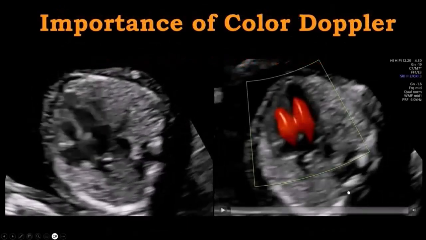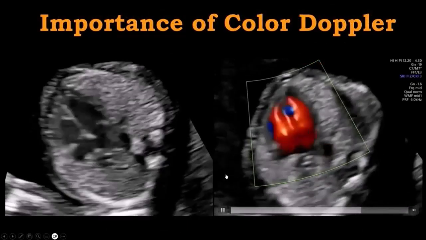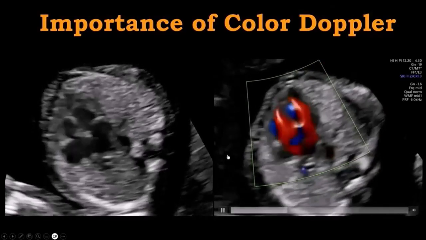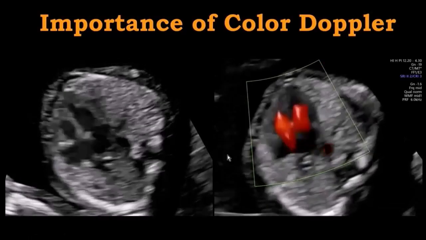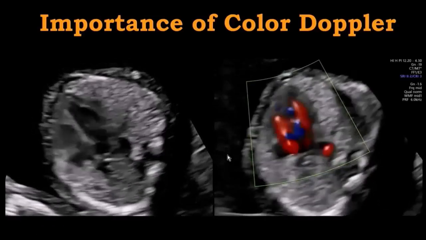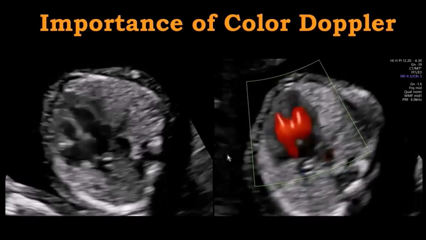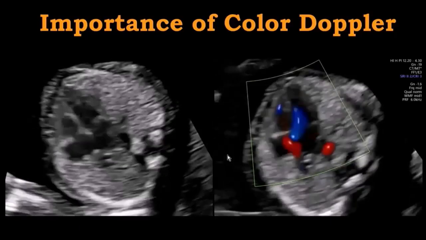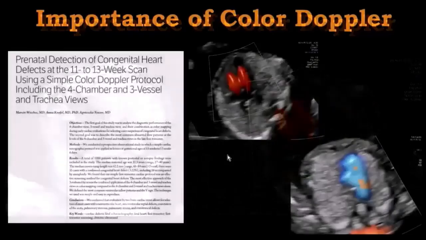Of course, adding color to our grayscale imaging changes our understanding of the physiology of the cardiac circulation and may significantly help, in particular when grayscale alone doesn't show us sufficient detail.